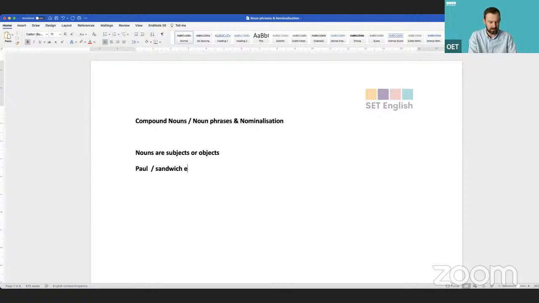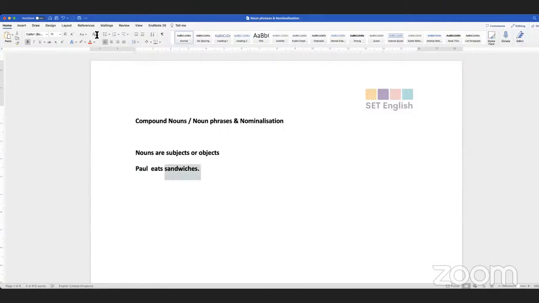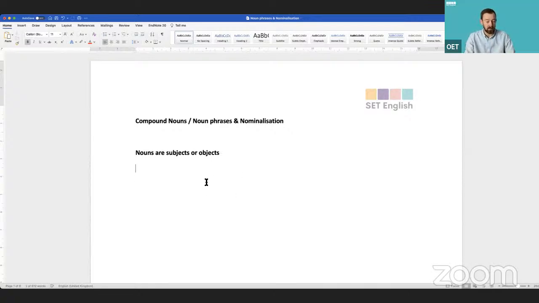If you look at that, Paul is the subject, eats is the verb, sandwiches is the object. So nouns are subjects or objects. Nouns can have more than one word.